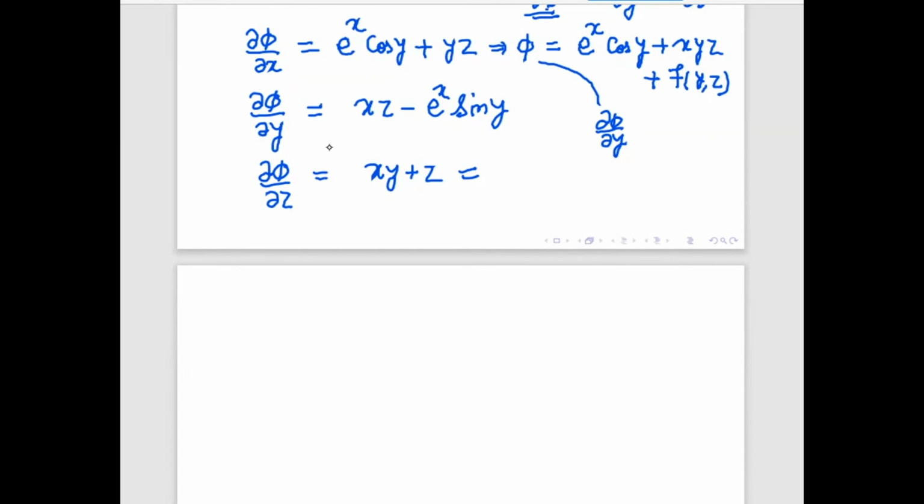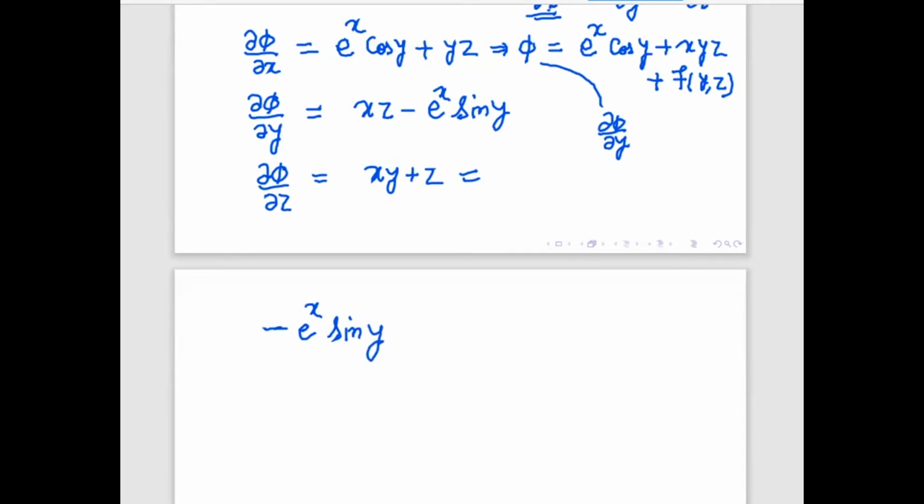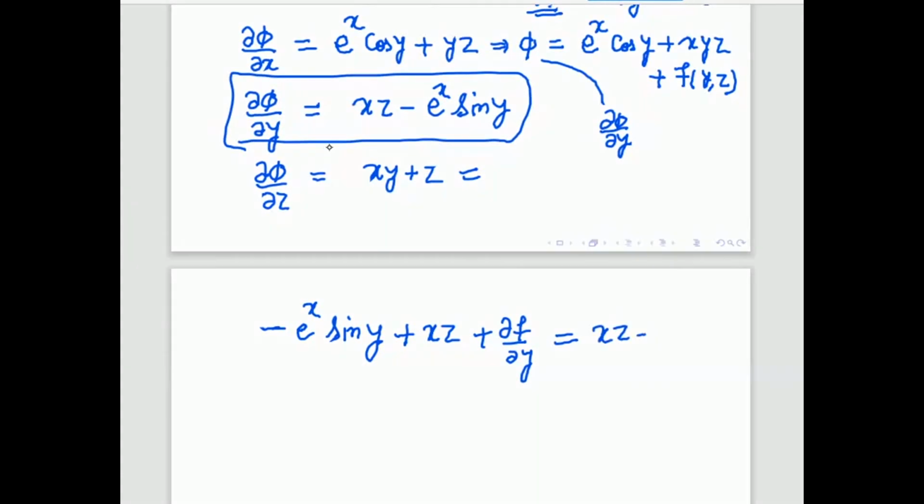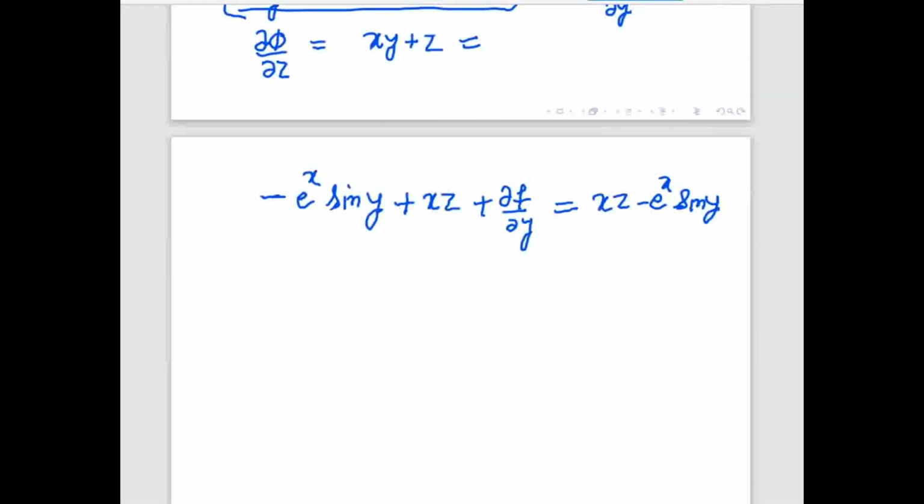It gives xz minus e to the power x sin y, and the differentiation of xyz with respect to y will give xz, and then the derivative of this function with respect to y will give del f by del y, equal to this del phi by del y which is already given. From this, the terms cancel out, and it will give del f by del y equal to 0.